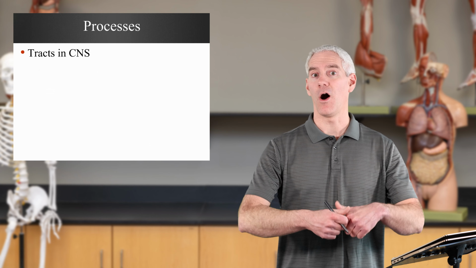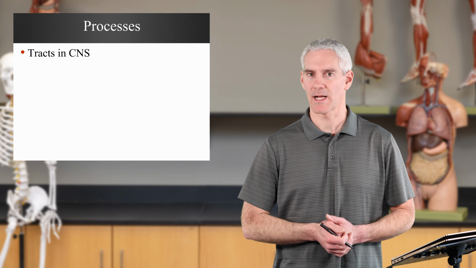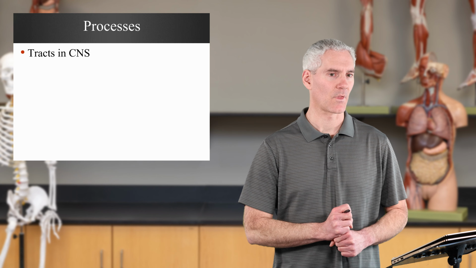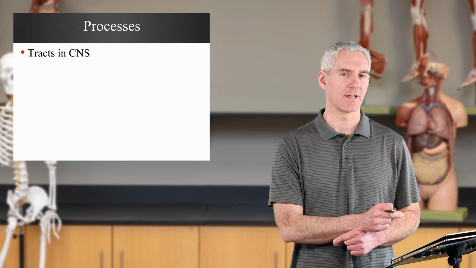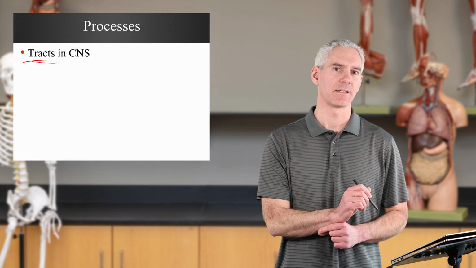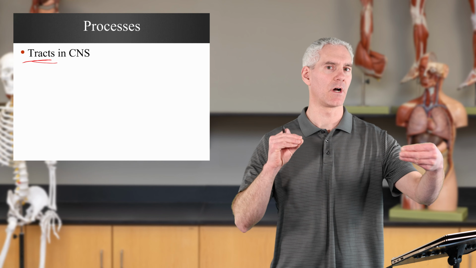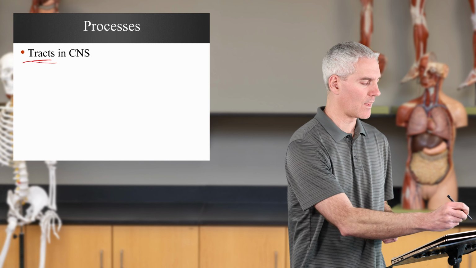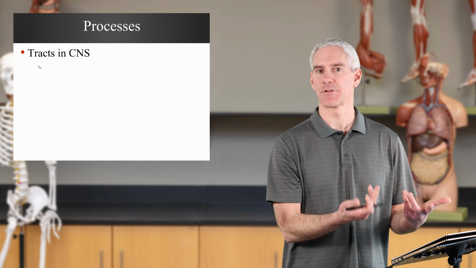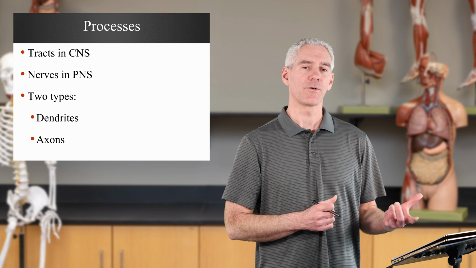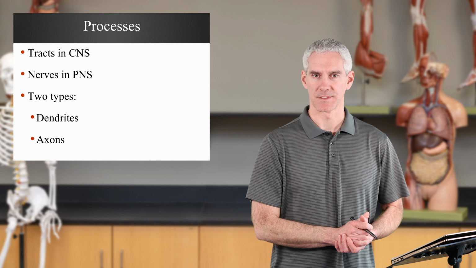All right, off the cell body though are all these processes, things like dendrites and axons. We'll get to those in a second. But we have terminology, the term tract. So a tract is going to be these processes coming off in the central nervous system. Now, of course, they had to give different terminology to the peripheral nervous system. Peripheral nervous system, it's called nerves.